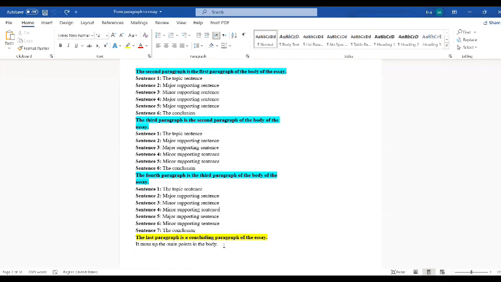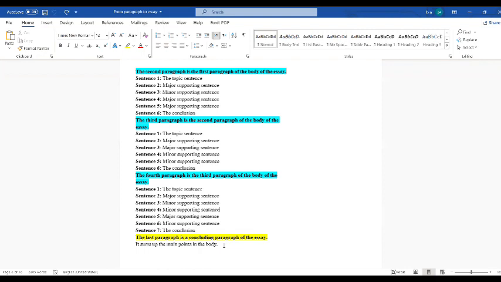It is incorrect to write an idea that is not mentioned before in the body. So it is incorrect to write a new idea in your concluding paragraph.